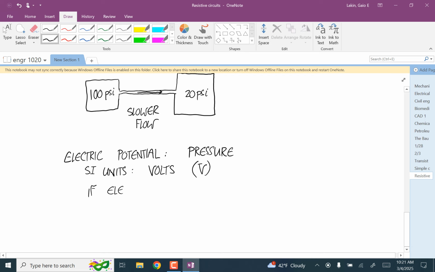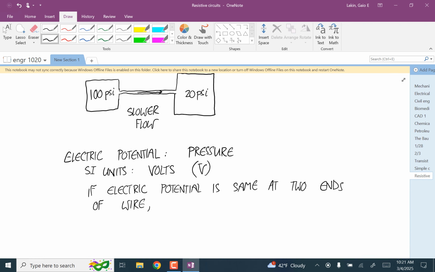If the electric potential is the same at two ends of a wire, then no matter how high that electric potential is, there's no flow of electricity. Okay, there's no movement of electrons.